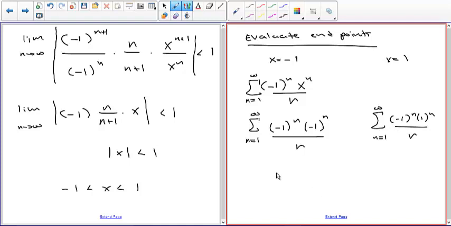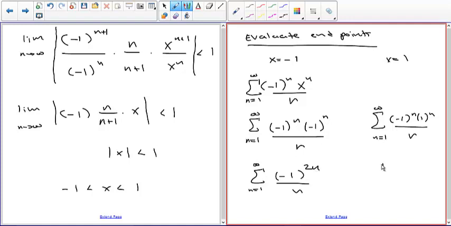So here we have -1 to the 2n divided by n. We have the same base. You add the exponents when you multiply them together. So n plus n is 2n.